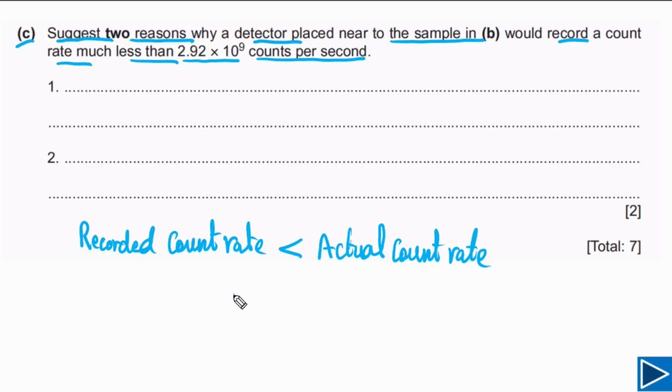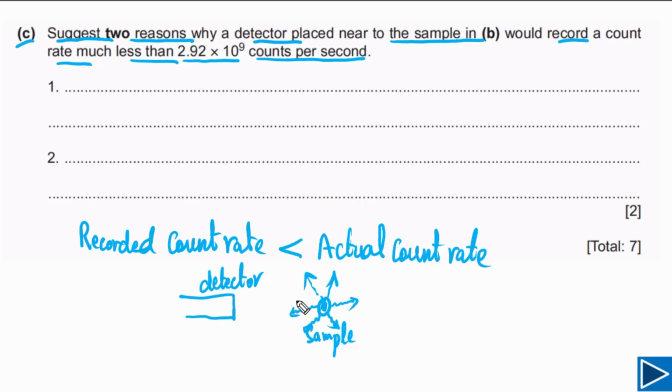So imagine that we have a detector, and we place one sample here, a radioactive substance sample. This radioactive substance will emit radiations in all directions. They will not go in one direction.